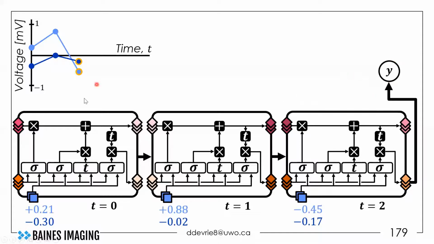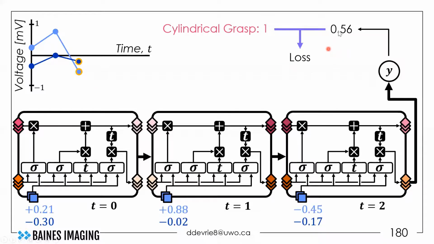Let's say that this was our EMG data and we were trying to classify between different types of grasps. We can imagine maybe it gives us a value 0.56, and that would be compared, if it was a training sample, to some known label. Let's say it was a cylindrical grasp, like when you hold a glass of water, and that was given a label of 1.